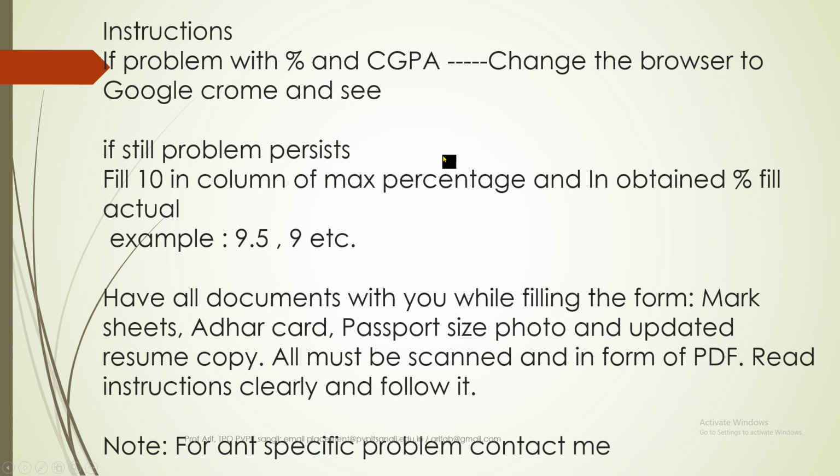But if the problem still persists, fill 10 into the maximum percentage column. Like how many percentage you have obtained and out of how much, that is the maximum percentage. So in maximum percentage fill 10, and into obtained percentage you can fill your actual CGPA, for example 9.5, 9, 8.5, etc.